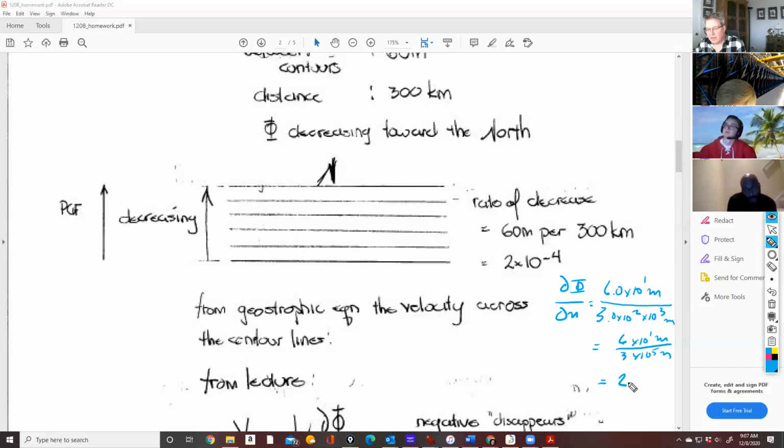And you do have 2 times 10 to the minus fourth. So, okay, that's right. Did you guys get that? Oh, for the geopotential. Yeah.